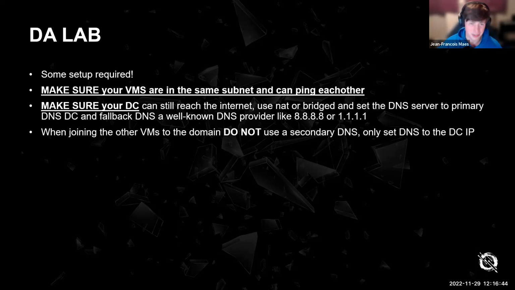So just as a reminder, make sure that they are in the same subnet and can ping each other. Something that is actually, I think, not on the slides is I recommend setting all the firewalls to off. Of course, that's not best practice, but this is a lab environment, so I would recommend you disable the host-based firewalls on the Windows operating systems, just to make sure that the broadcast traffic flows through as intended. Make sure your domain controller can still reach the internet.